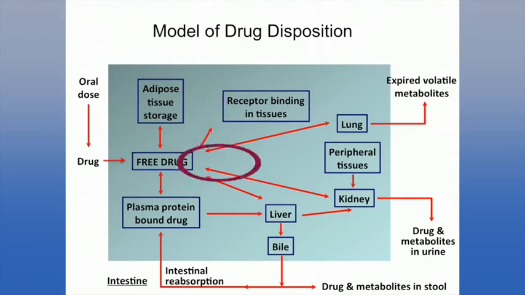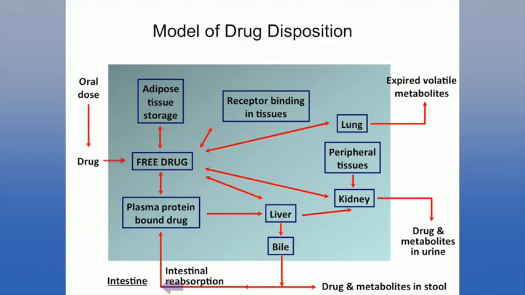In addition, down here, we are showing the intestine, where you can have a drug that has been provided or sent to the liver, and instead of the liver redistributing that drug back into plasma up here, the liver may actually attempt to excrete the drug in bile, in what we call the enterohepatic circulation.